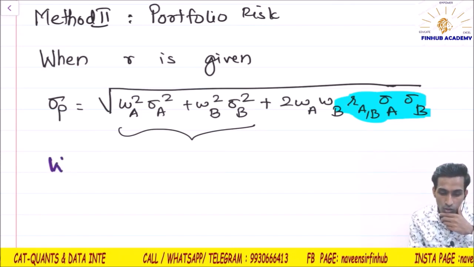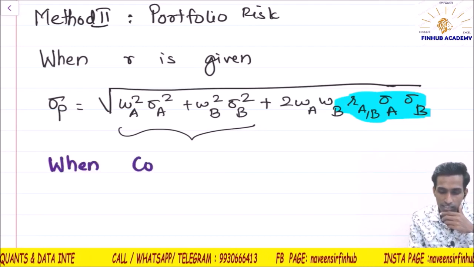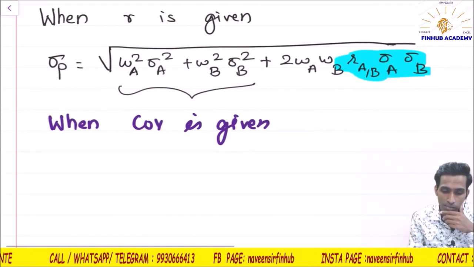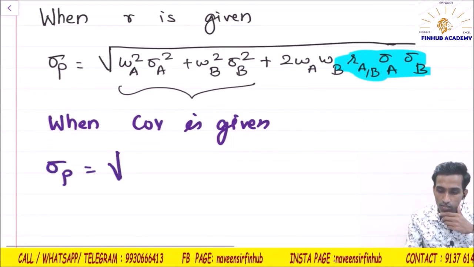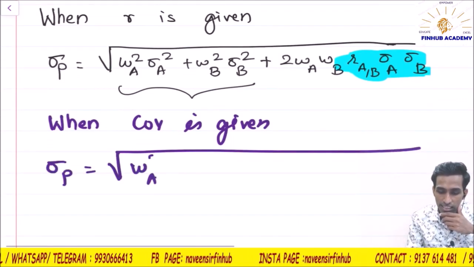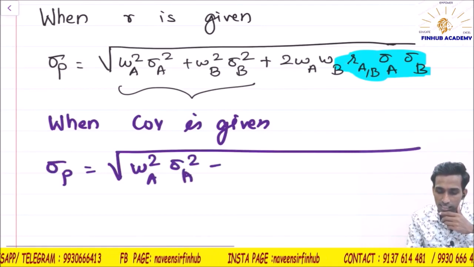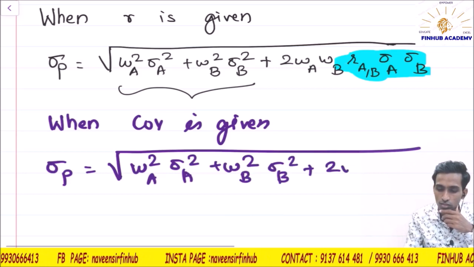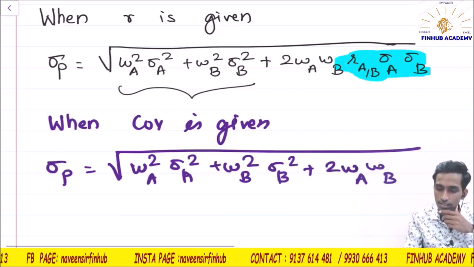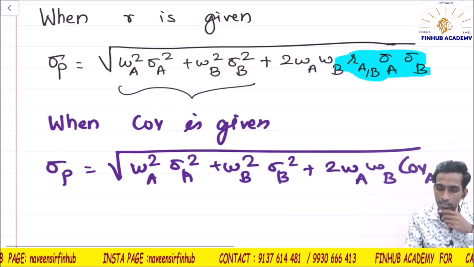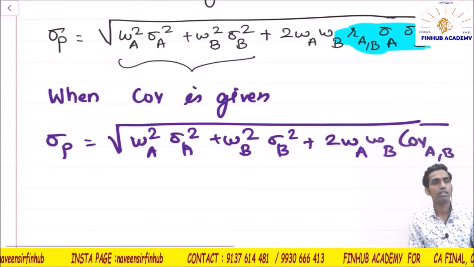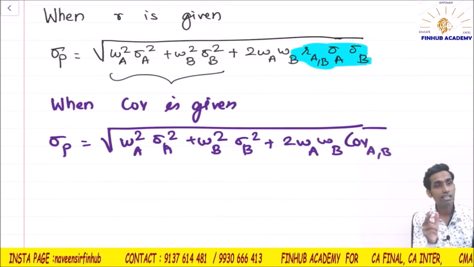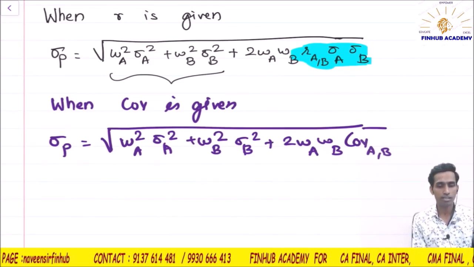So when covariance is given, the formula becomes under root weight of A square, standard deviation of A square plus weight of B square, standard deviation of B square plus 2 into weight of A into weight of B into cov A comma B. That's it. Understood? I substituted that R into standard deviation of A into standard deviation of B. We know now that is cov. So I can substitute it. Please write.